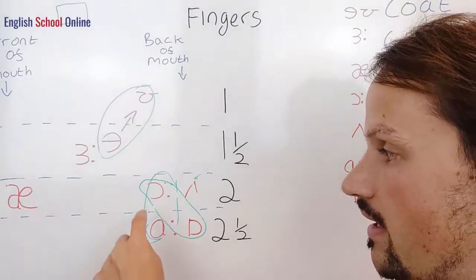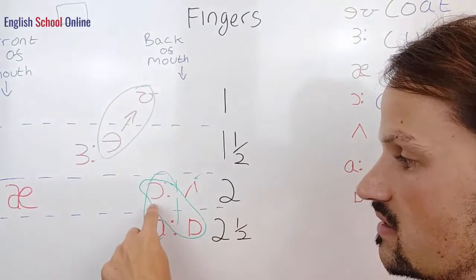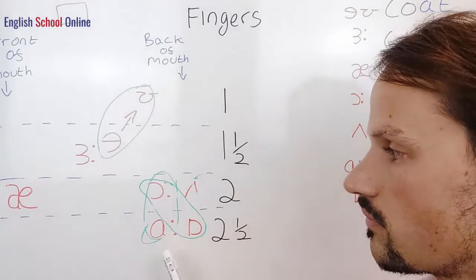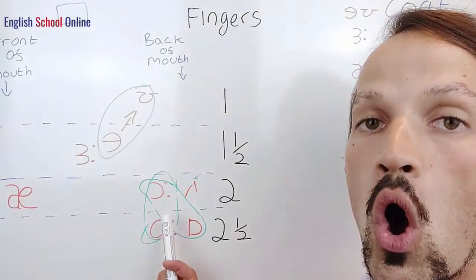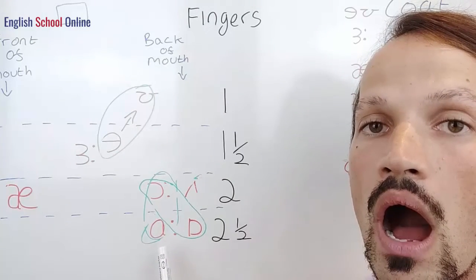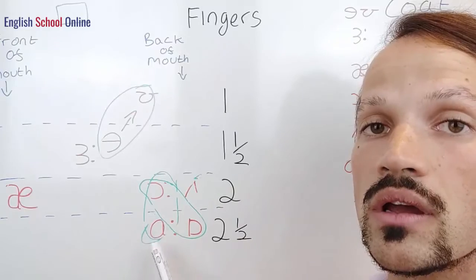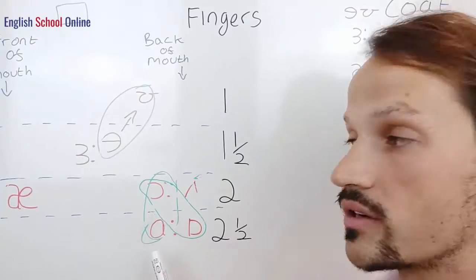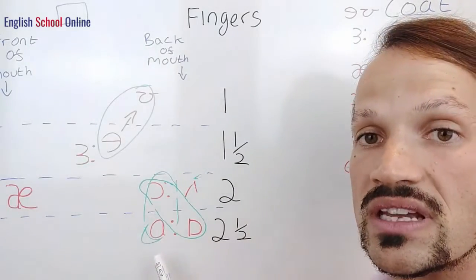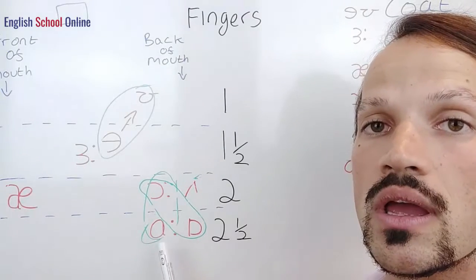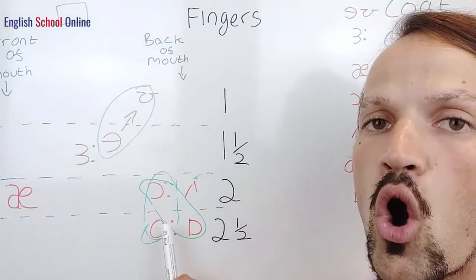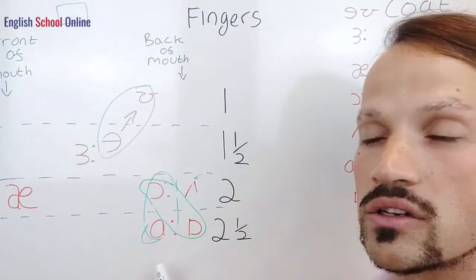Now I'll compare these two, so 2 fingers to 2.5 fingers. We've got caught, cart, caught, cart. Rounded, unrounded. Caught, cart.